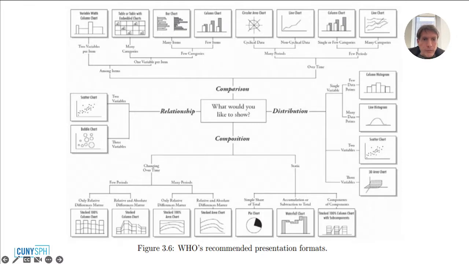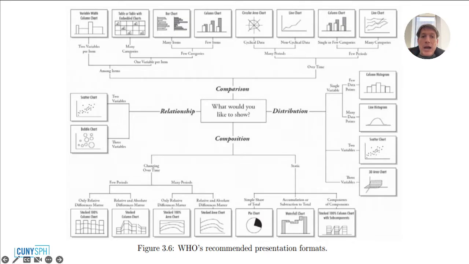Now, if we have two variables per item, then we can have a column chart that has variable width or a variable height.